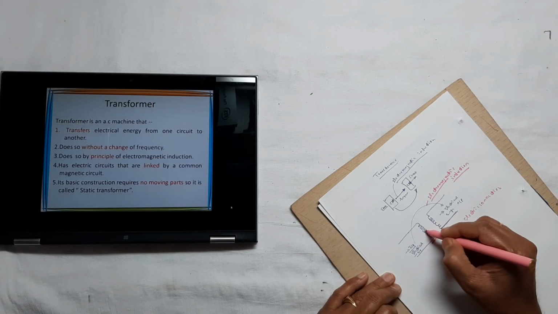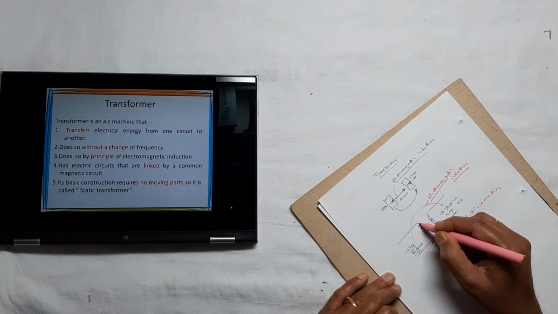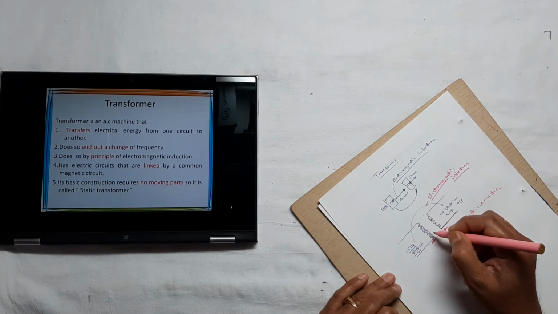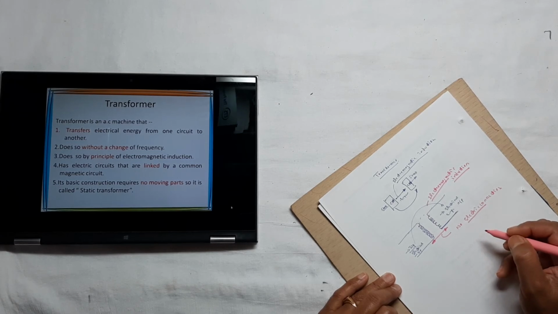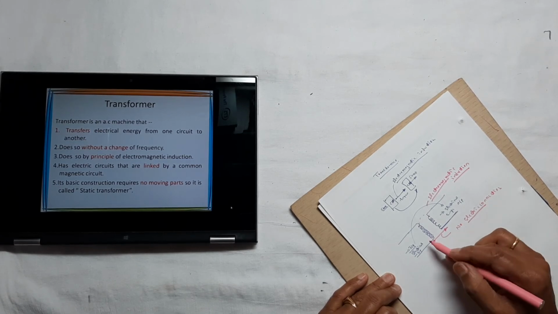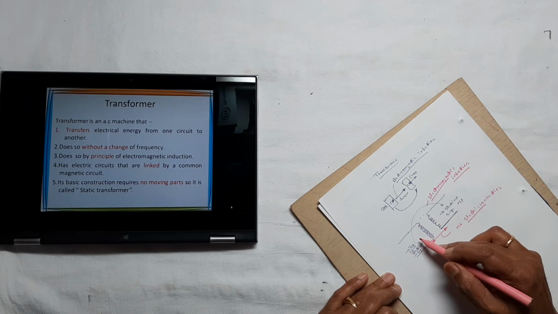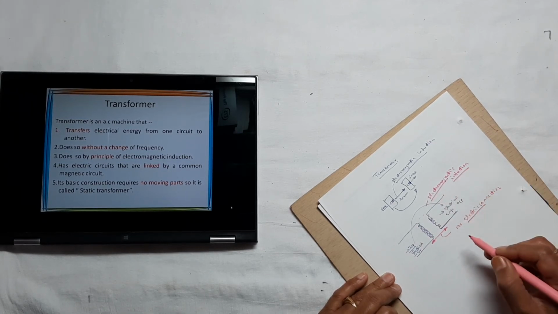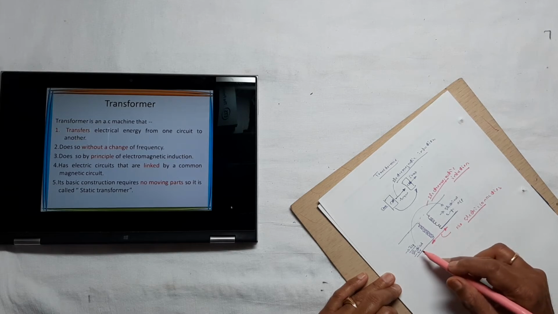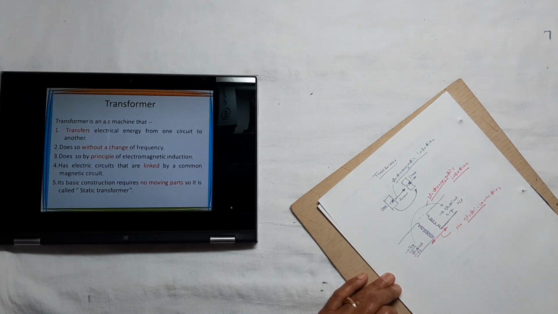These two circuits are magnetically linked, however electrically separated. That is what we are calling transferring the electrical energy from one circuit to another circuit by electromagnetic induction.